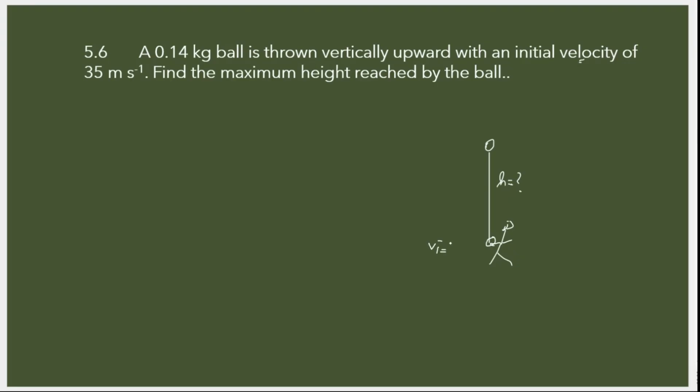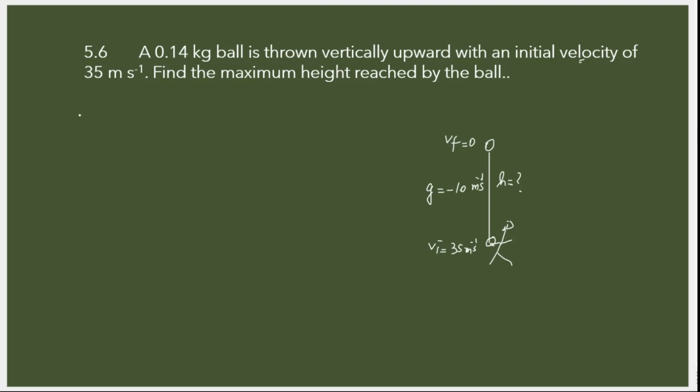This is 35 meter per second, and at the highest point it will stop, that is its final speed vf will be equal to 0. Since it is thrown upward, the gravitational acceleration will be negative, and on earth its value is 10 m/s². So we write this data here and then we solve it.